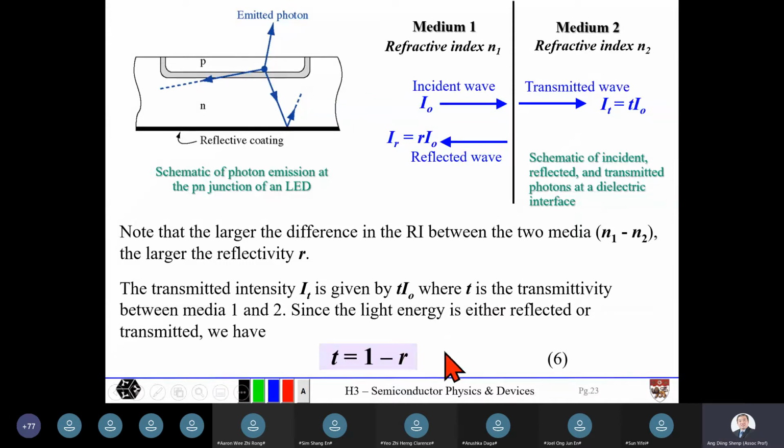It's quite easy to understand. If you consider two different media here, the fraction of light that gets reflected will be R times the original intensity, and the fraction of light that actually gets transmitted is T times I naught, where T is simply 1 minus R.